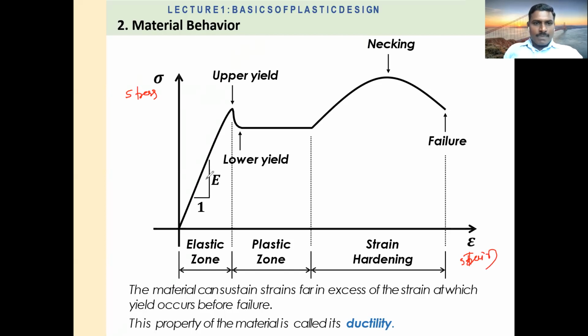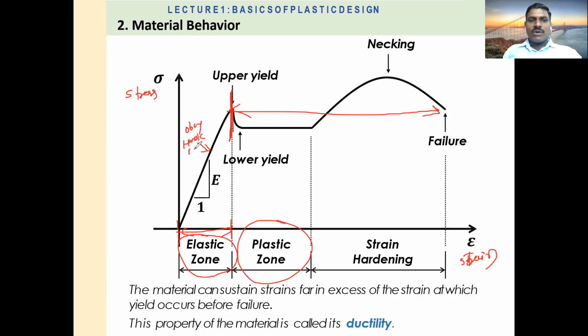If you see here, this straight line indicates the elastic zone. After the yield point, whatever curve is there is the plastic zone, and this is the elastic zone. The straight line obeys Hooke's law.